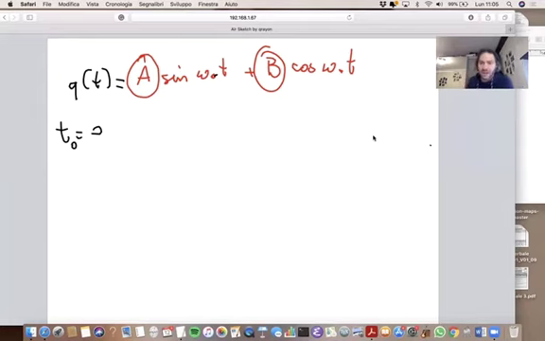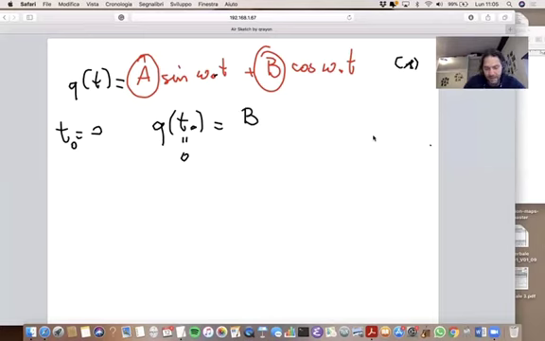Okay, so at the initial time, this is q of time naught, and I'm copying this expression here, star. At the initial time, the sine of 0 is 0, so the first term doesn't contribute, and the cosine of 0 is 1. So I get B.